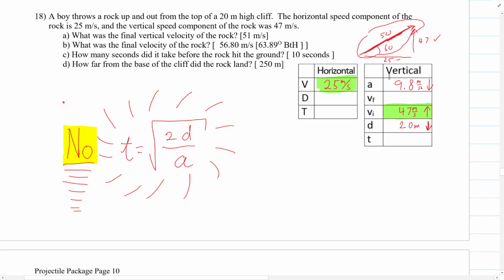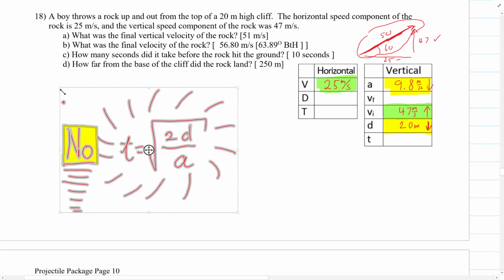And now the acceleration is 9.8 down, and the displacement is 20 down because it's a 20-meter high cliff, so that's where it starts from, the top, and it goes back down. But the initial vertical velocity is not 0, so we cannot use this to calculate the time.